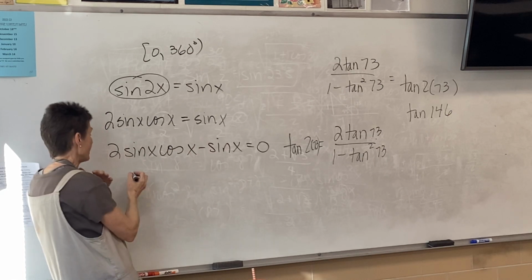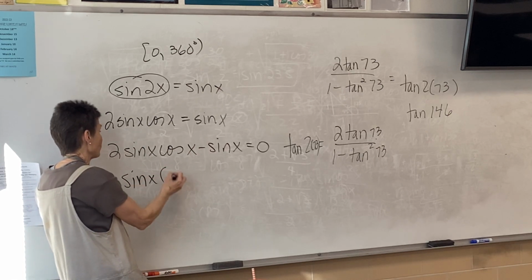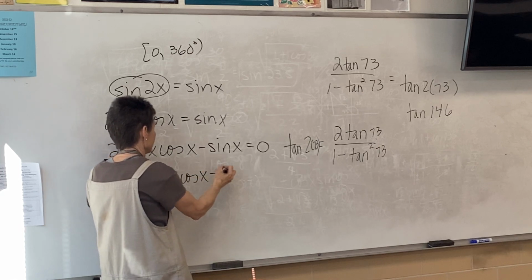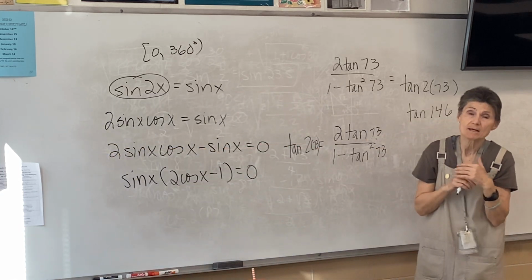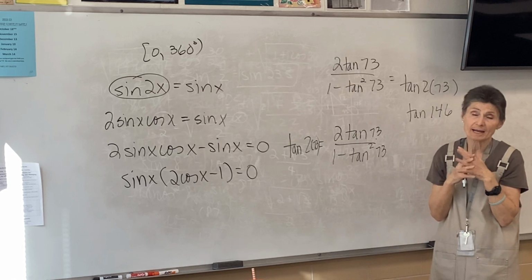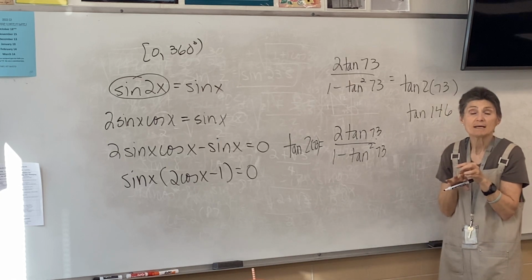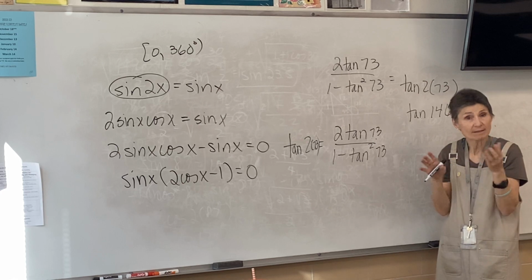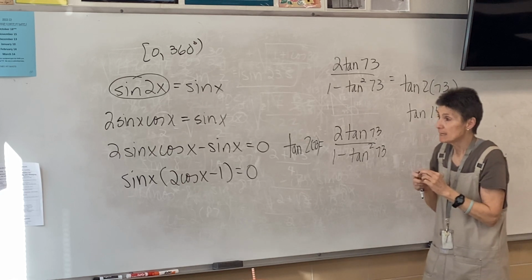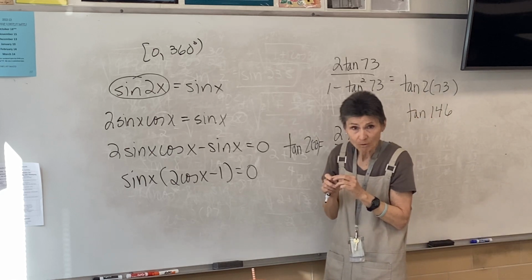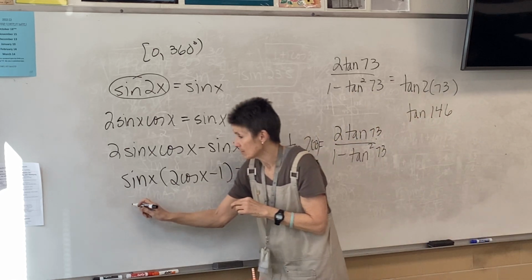And then we factored it out. Now that is an important thing to remember, kids. You do not divide by one of your trig functions. Instead, subtract it over and then factor it out if it's possible. Okay? Once you get it factored out, then you set these equal to 0.